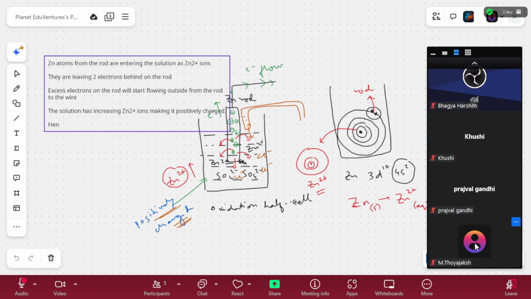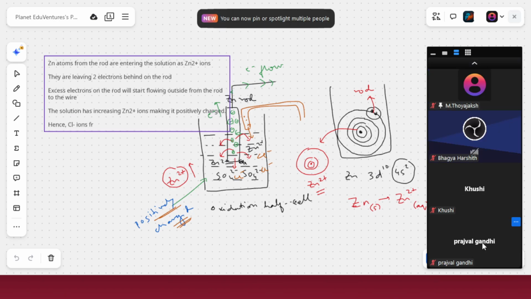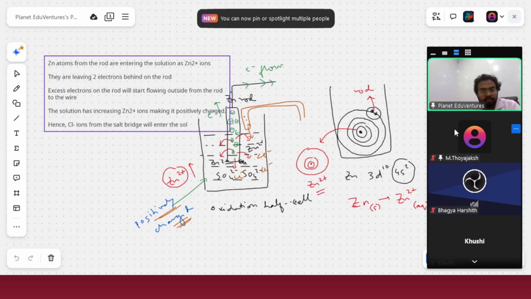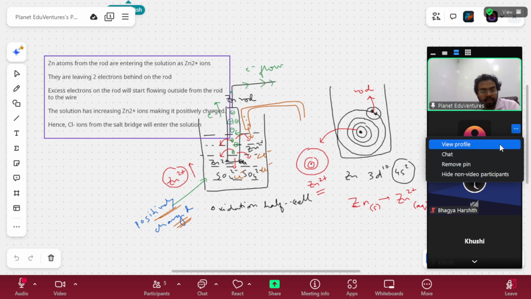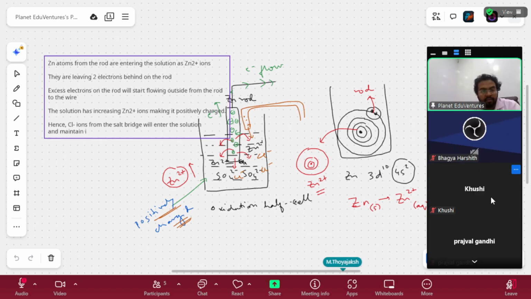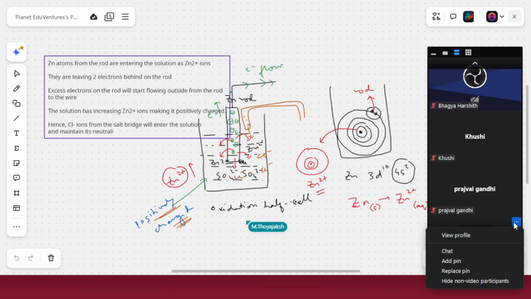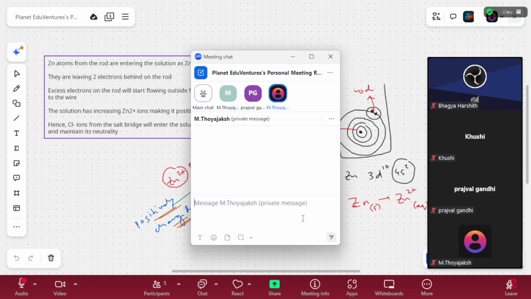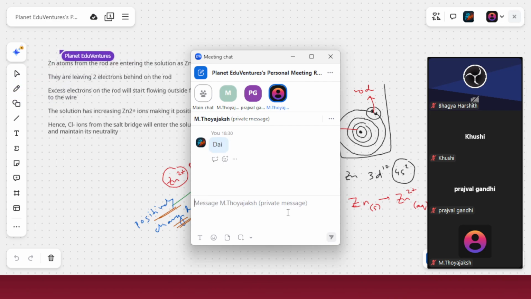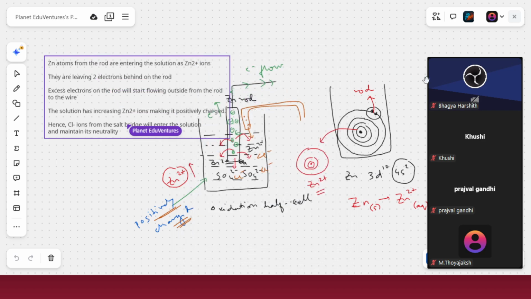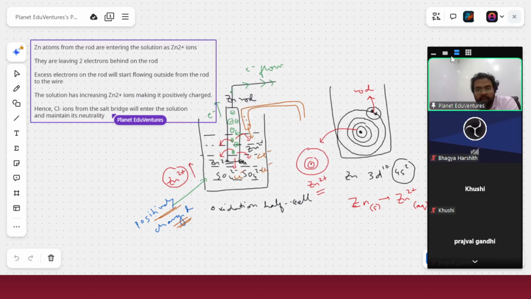Hence, Cl- ions from the salt bridge will enter the solution and maintain its neutrality. So this is the working of the left side. Are you following? This is something important.